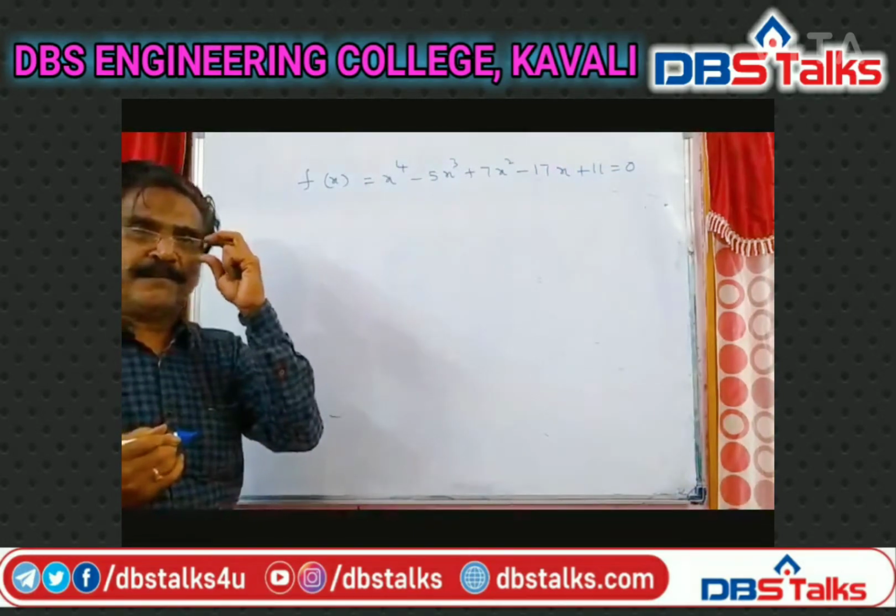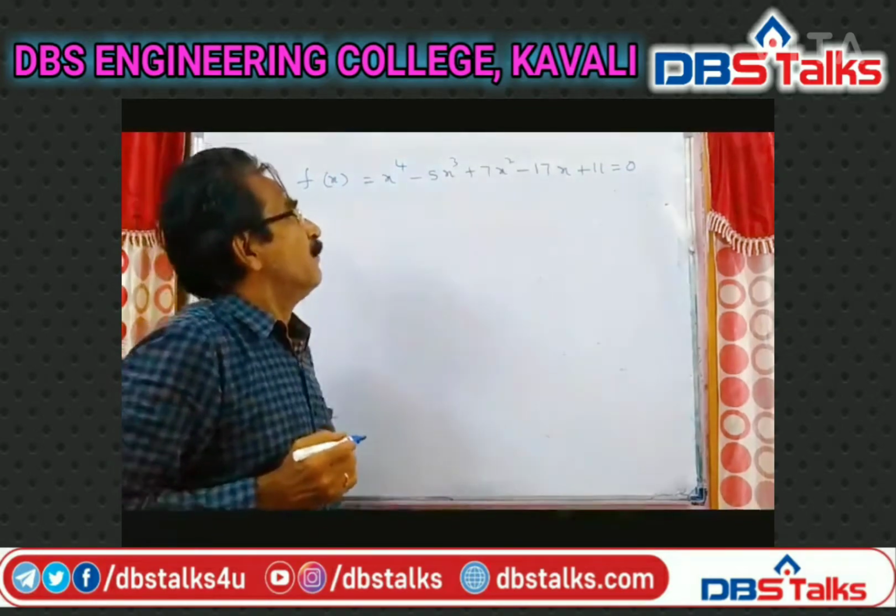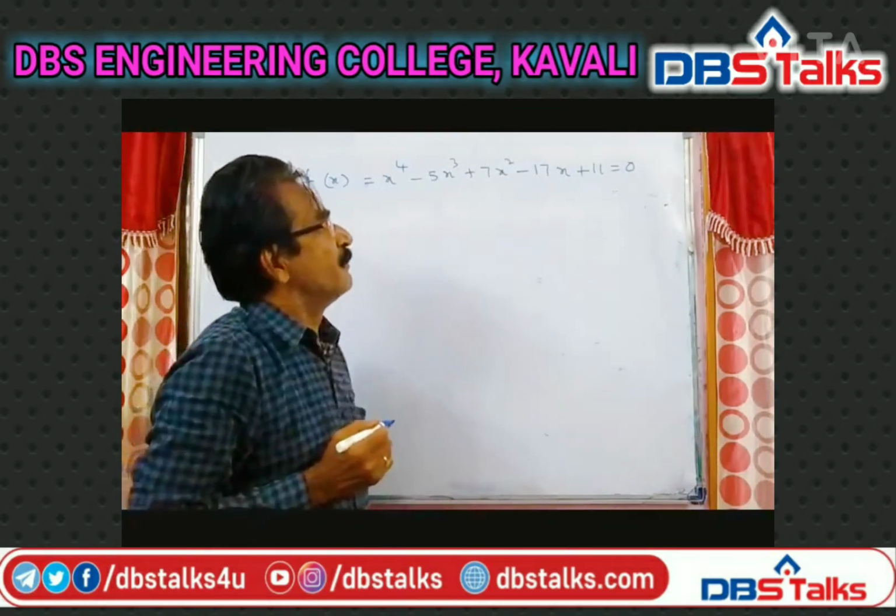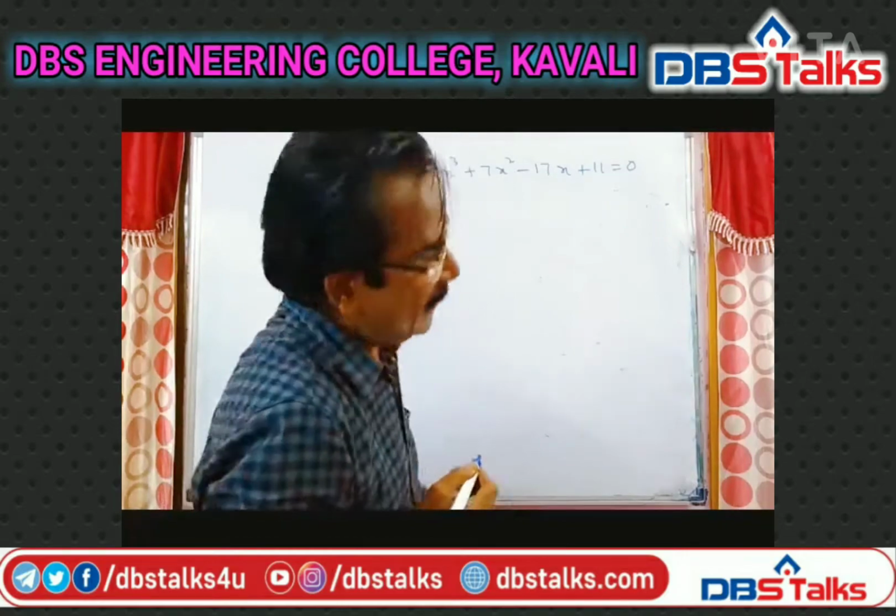This is the given polynomial, friends. x power 4 minus 5x cube plus 7x square minus 17x plus 11 is equal to 0.